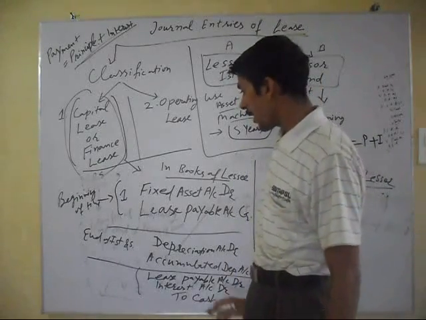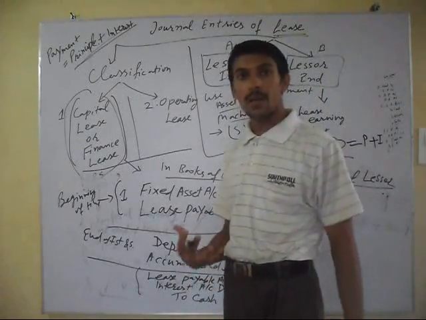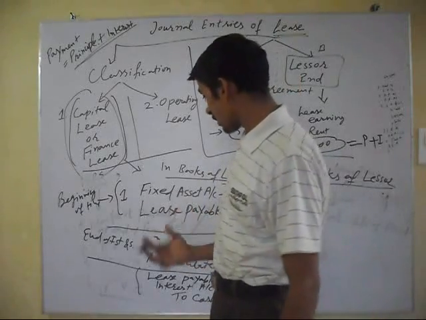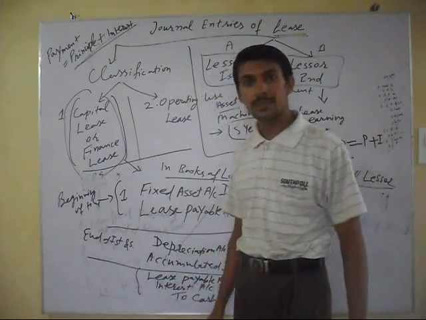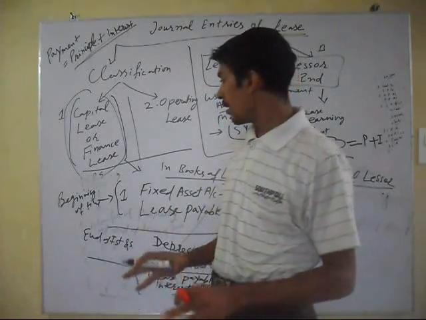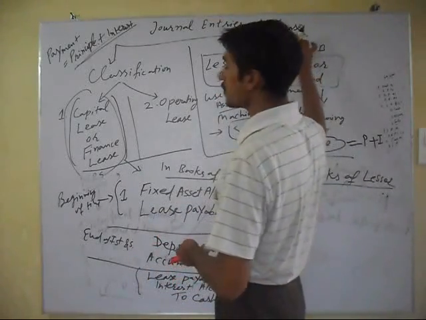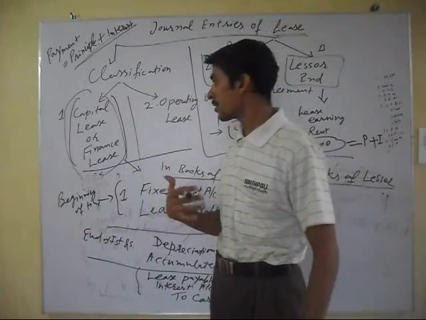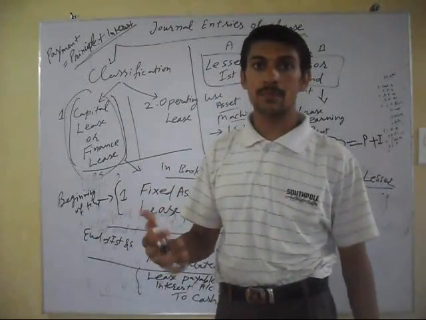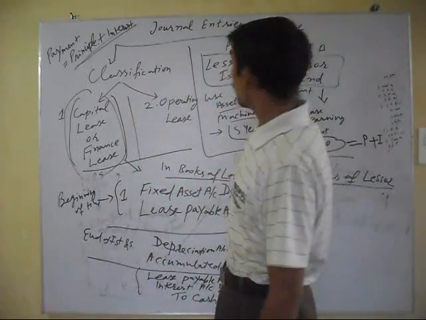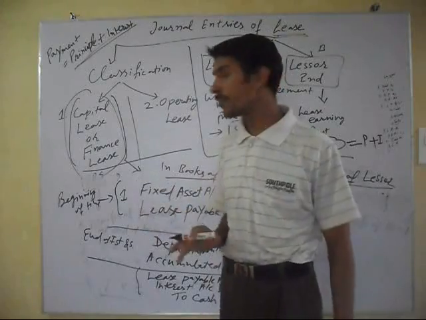Okay, and in the next year we will pass the same entries till the close of the lease, and at the end of the lease the fixed asset will be transferred from lessor to lessee.